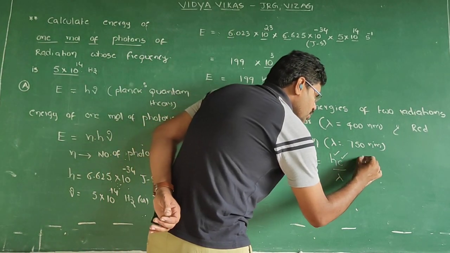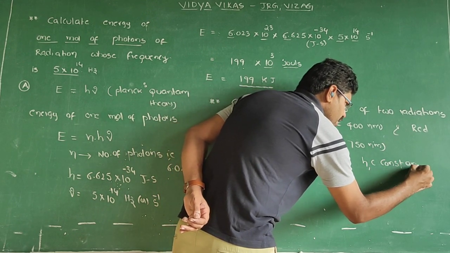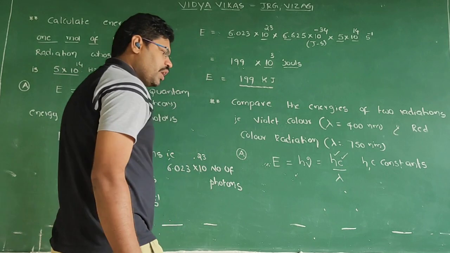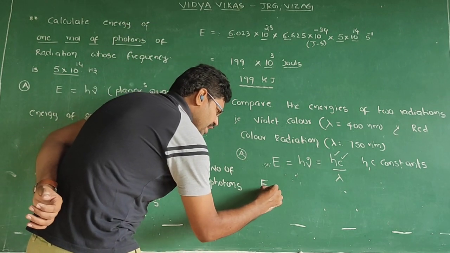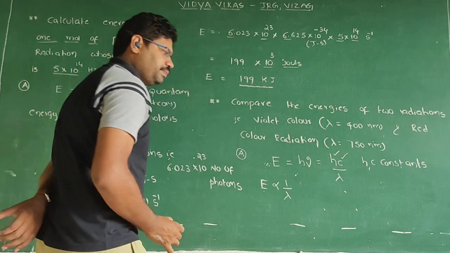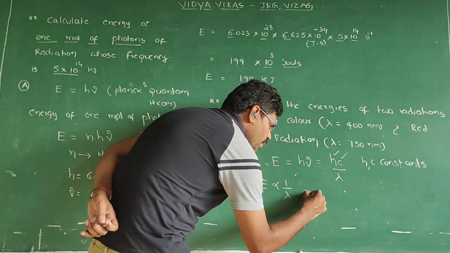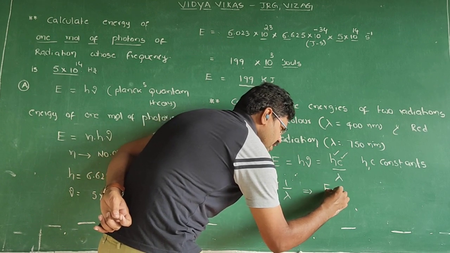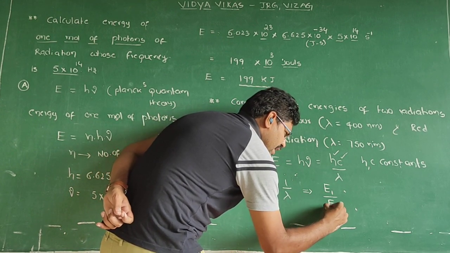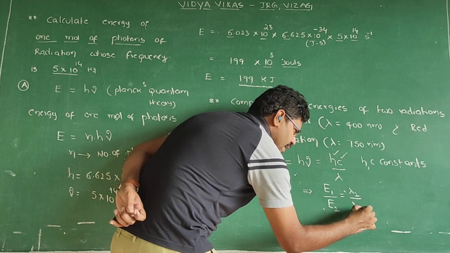Both are constants, and that's why E is inversely proportional to 1 by lambda. So, dear students, E1 by E2 is lambda 2 by lambda 1.